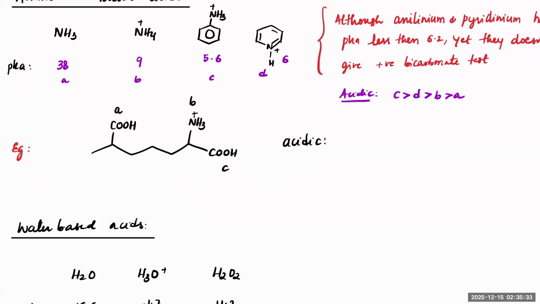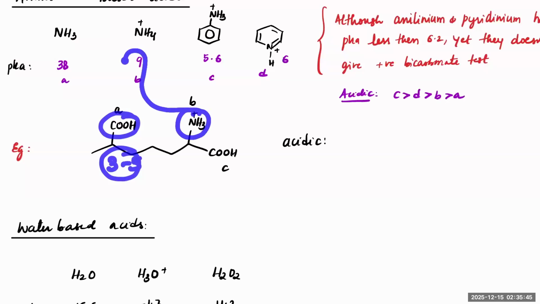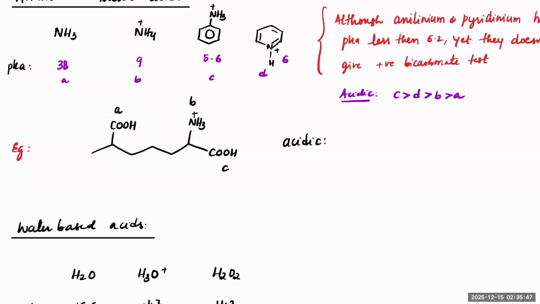Next. In case you have COOH, COOH and one NH3 plus present, have you noticed that any carboxylic acid will have a range between 3 to 5, while ammonium has around 9. So ammonium should be the least one, and here the COOH which has a more withdrawing group very close by should be most acidic.